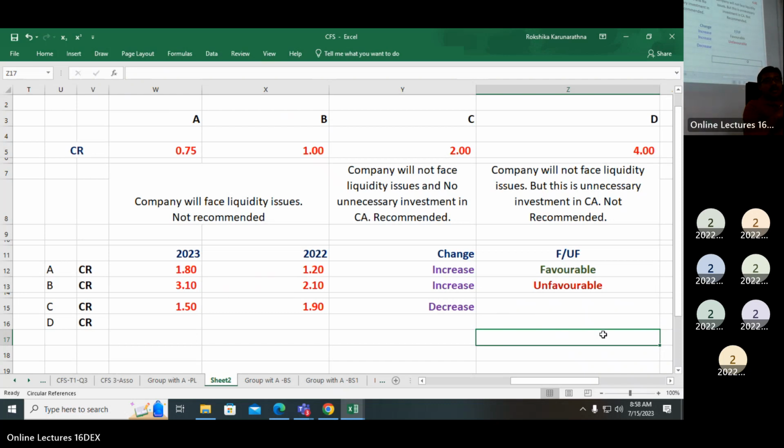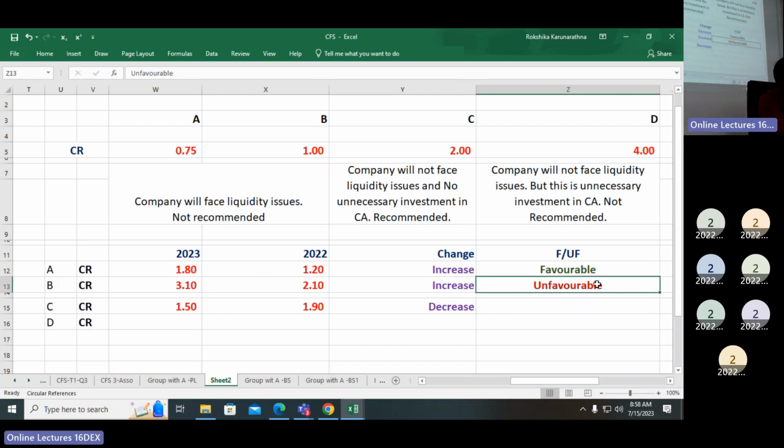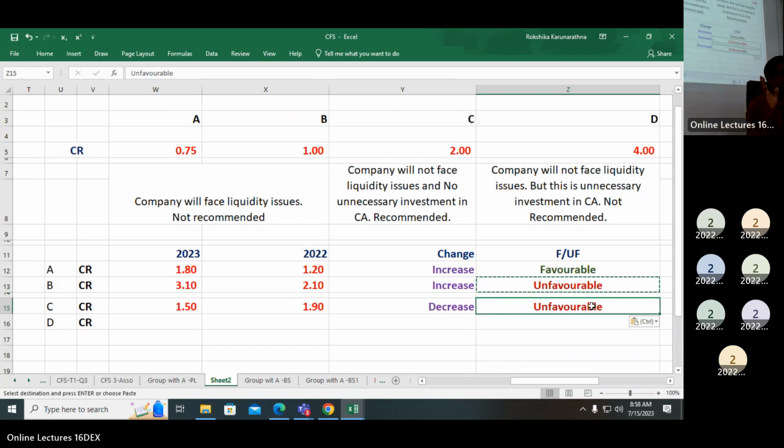This is unfavorable, right? Last year it was closer to 2, and now it is going away from 2. You have to compare whether it is moving towards the norm or moving away from it. That is how you should interpret it.